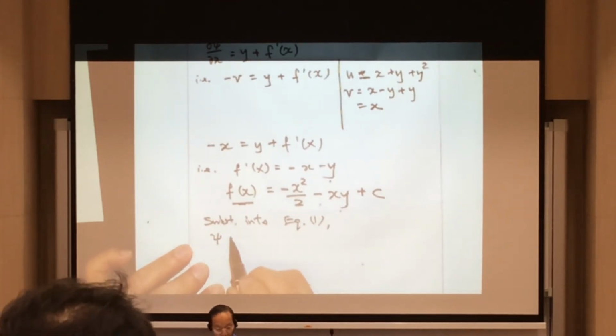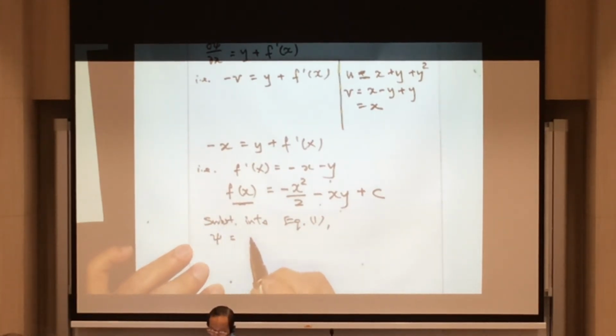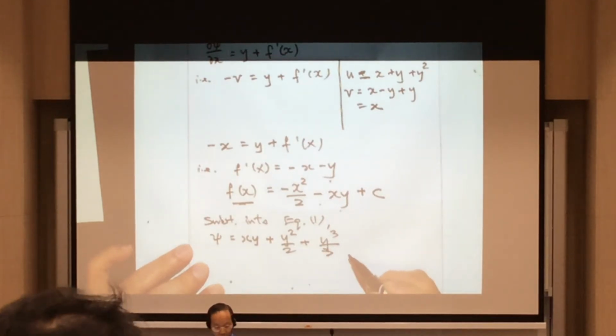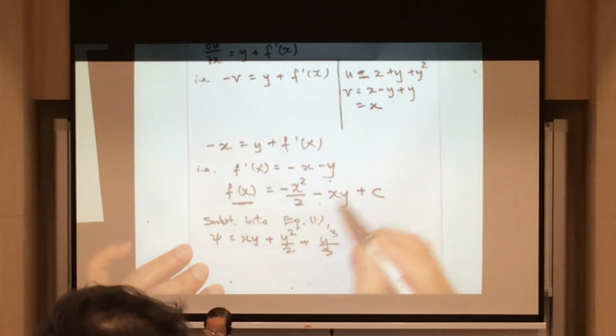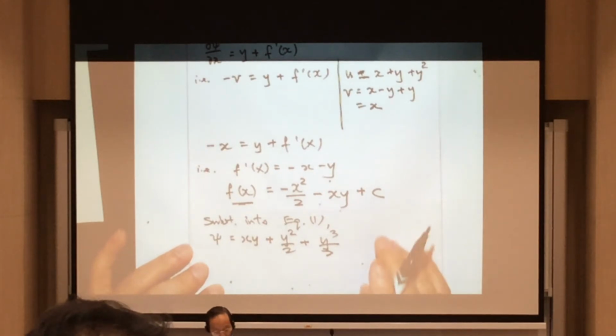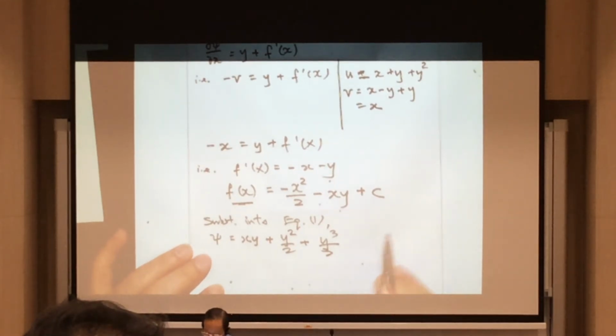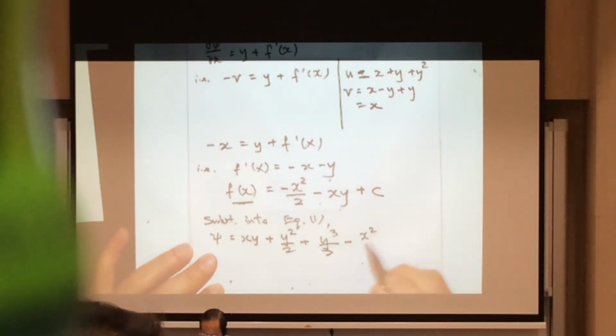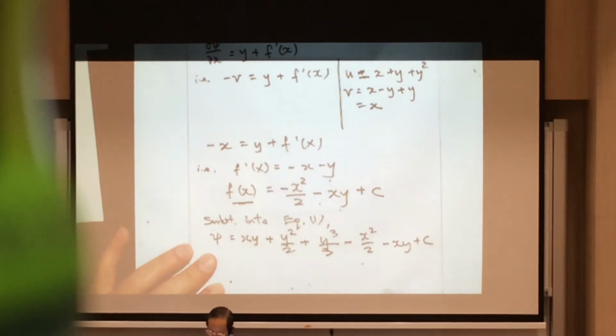Psi is equal to xy plus y squared over 2 plus y cubed over 3, plus f x. f x is minus x squared over 2 minus xy plus c.